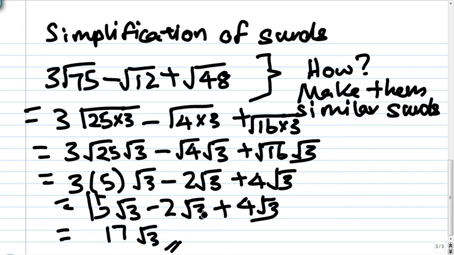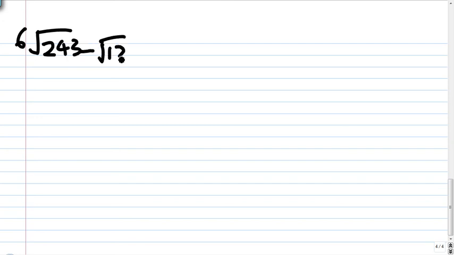So this is something you should get used to. As time goes on, the more you practice, the better you get at it. Let's give you another example: 6 square root 243 minus square root 12 plus 3 square root 441.